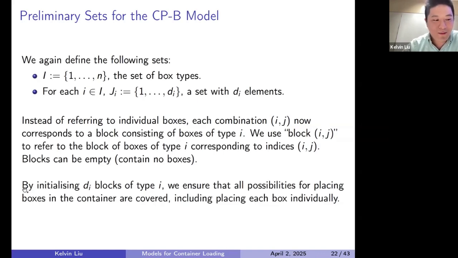So why do I still initialize Di blocks? Because that preserves all possibilities, including the possibility of placing each box individually in its own block. By defining Di blocks, I'm making sure that all feasible solutions are still feasible in this block formulation.